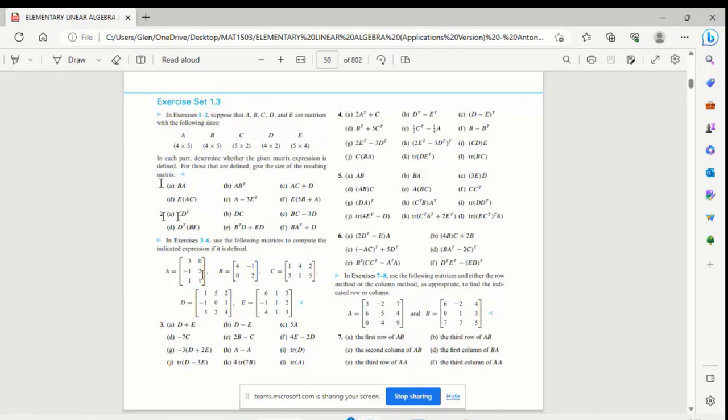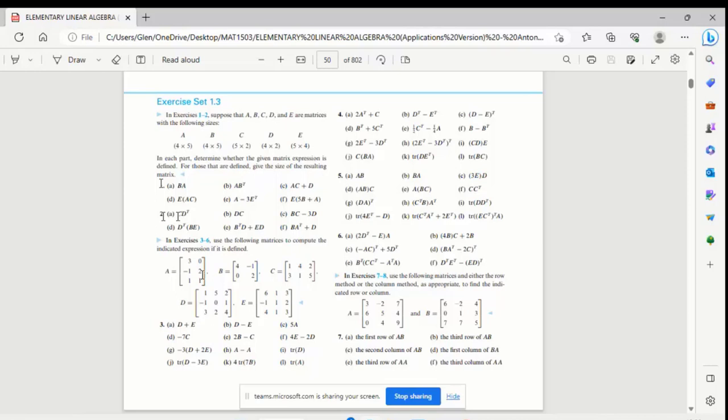Vuyo, how did you get a 3, my brother? I say A transpose, isn't it? Then it gives me A transpose as 1, -1, 1, 0, 2, 1.